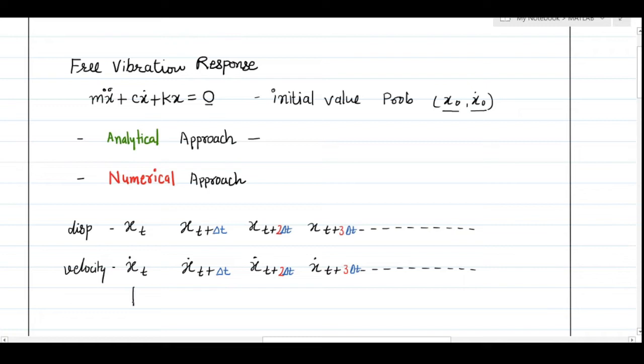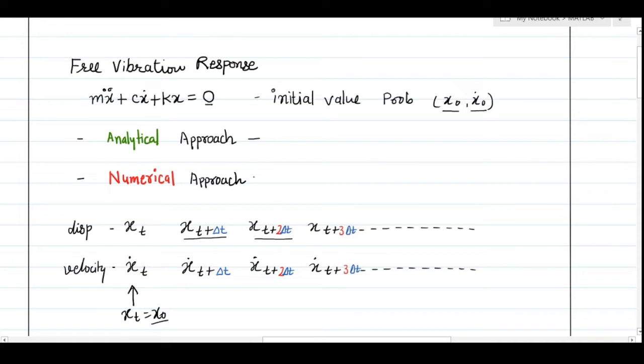For example, this is your initial condition. So this x at t is nothing but your x0 which is available to you. You will supply this initial displacement and velocity to your system, and then you will calculate the value corresponding to the next time step, and then using these values you want to calculate the value for the further time steps.